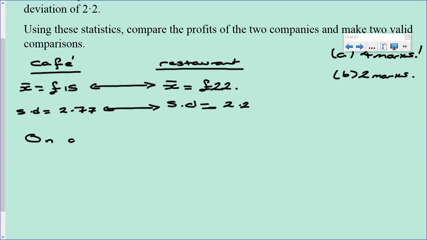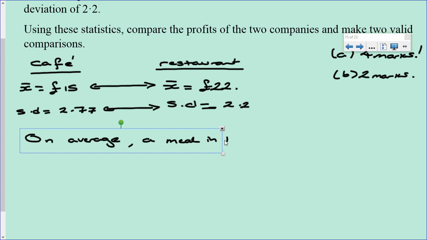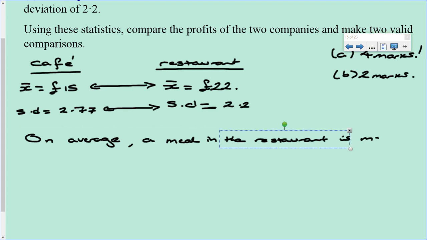Because we're comparing our means, we're going to start with "on average". And then we say a meal in the restaurant is more expensive, and that's our context because we're speaking about money, so rather than saying higher or bigger, we can say more expensive or less expensive than the cafe.